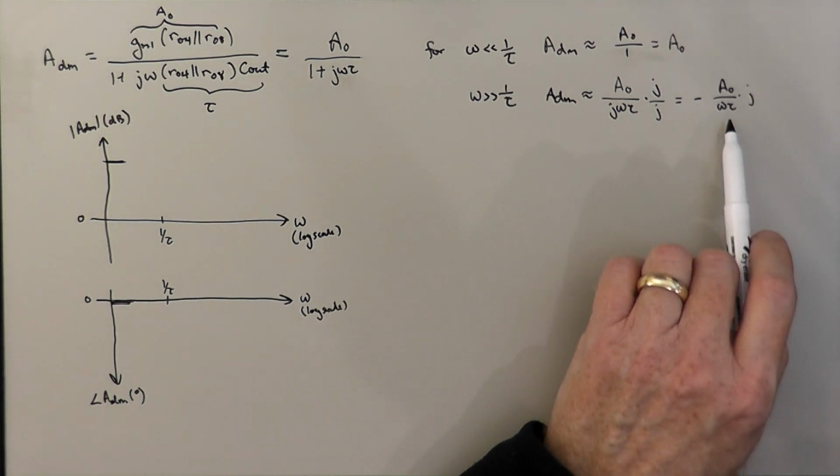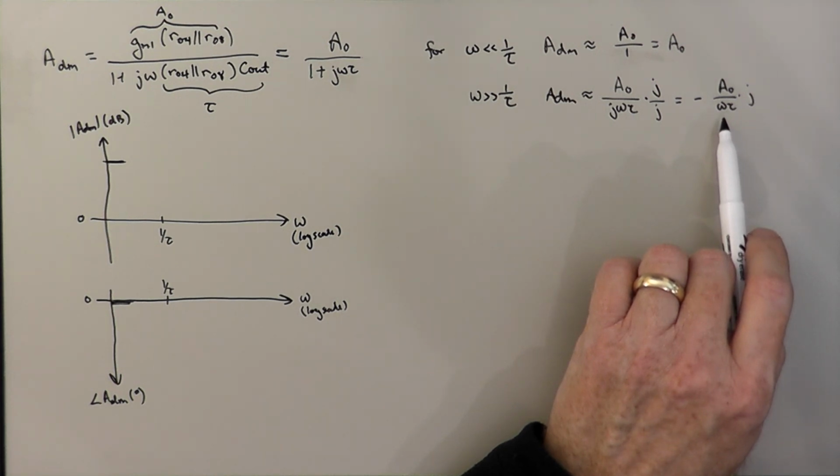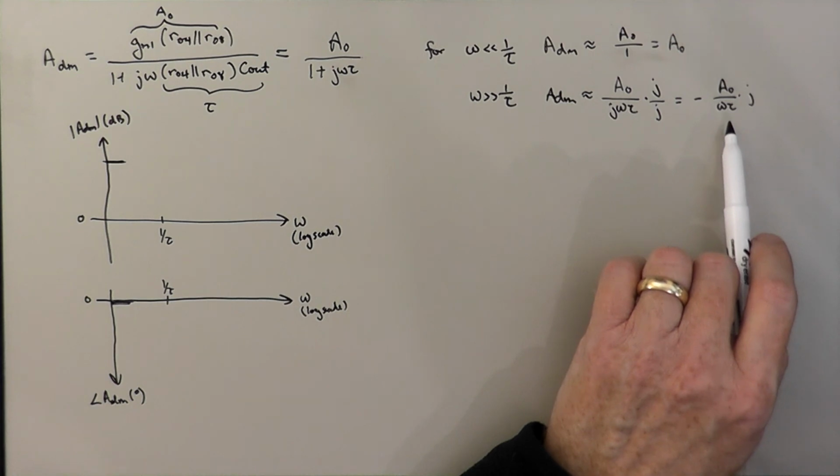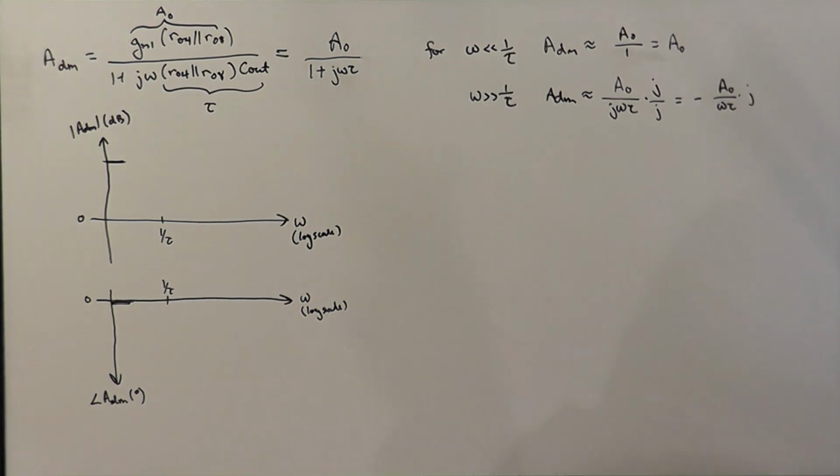That means that on a dB scale, every factor of 10 we increase in frequency, we're going to wind up decreasing the magnitude by an order of magnitude, and that'll be a minus 20 dB change in magnitude. So we're going to go down on a slope of minus 20 dB per decade increase in frequency.